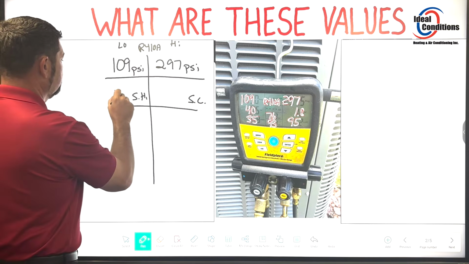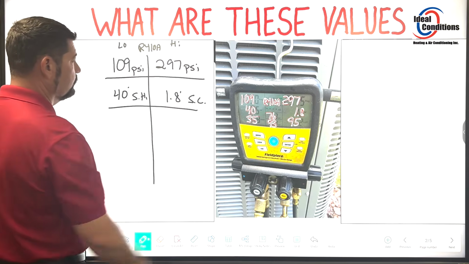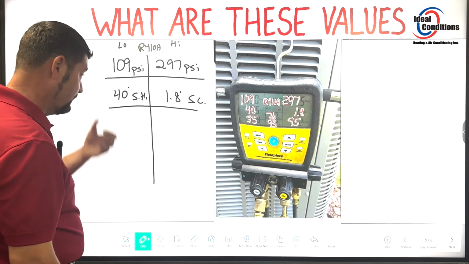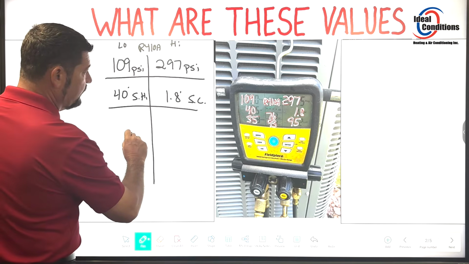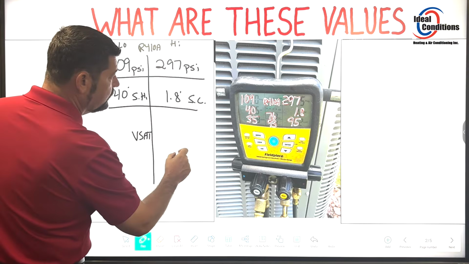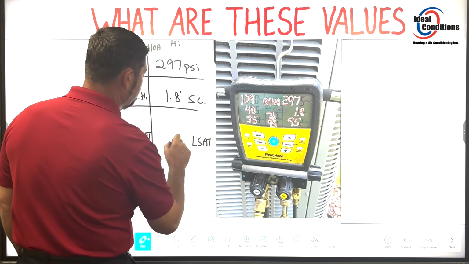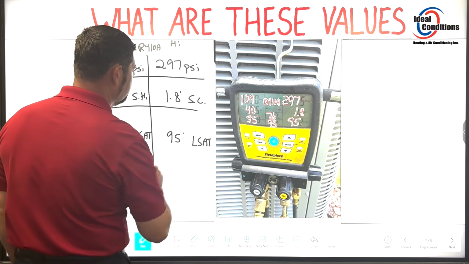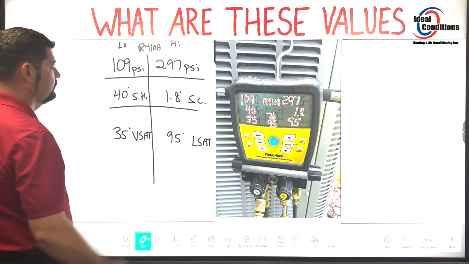This is 40 degrees. This is 1.8 degrees. And then we have our VSAT, our vapor saturation, and our LSAT, our liquid saturation. Here we have 95 degrees, and here we have 35 degrees.